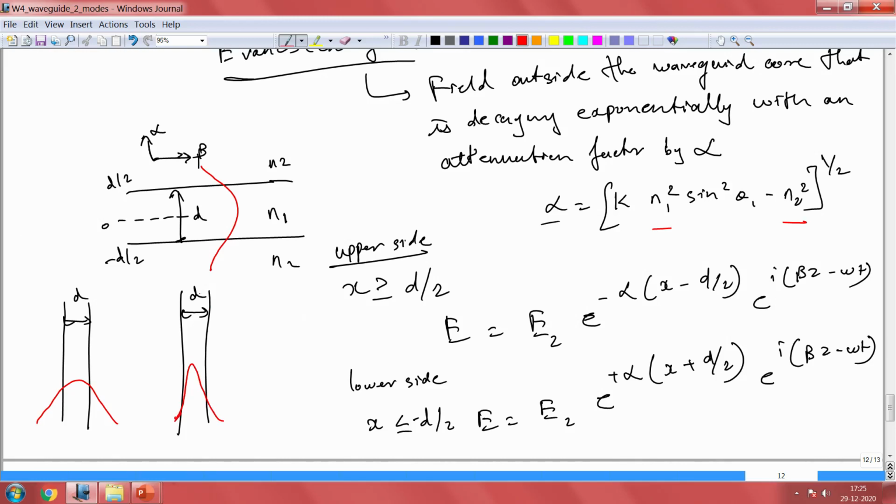Remember that your dimension is identical, but one is having this and one is having that. Now the question to ask is about the decay alpha here. Let me call this alpha 1 and this alpha 2. Which one is greater? Which one is decaying fast? Of course, alpha 1 is greater than alpha 2.